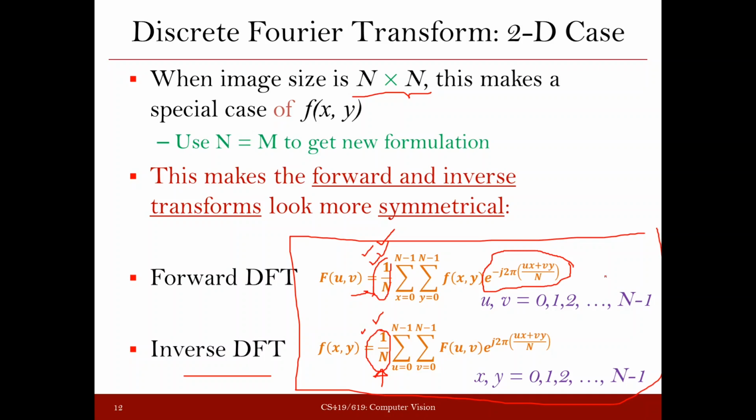This term will become 1, right? So this is nothing but this double summation for fxy, right? And if this fxy is representing our image, then what does fxy represent in our image? Fxy represents a brightness value or a gray value at location xy.